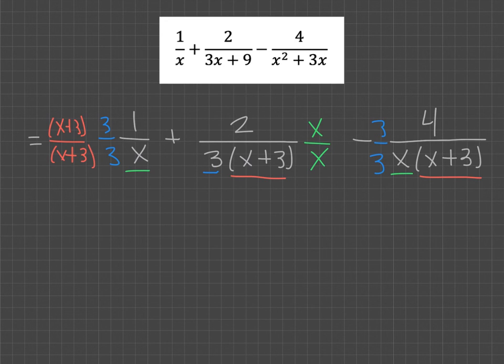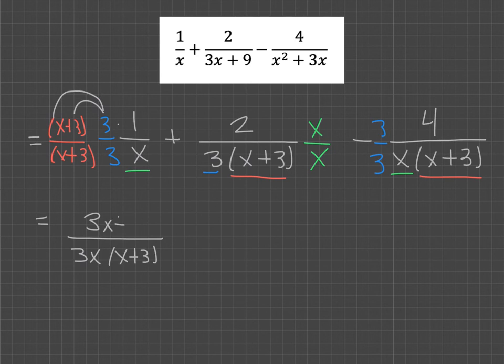Okay, let's now write with our common denominator. We've got 3x times x plus 3, and multiplying out, we have 3 times 1 here, so that's just 3, and then we want to distribute that 3.